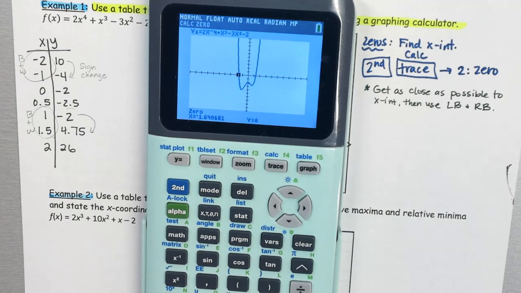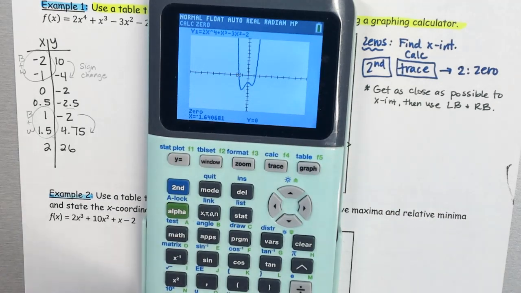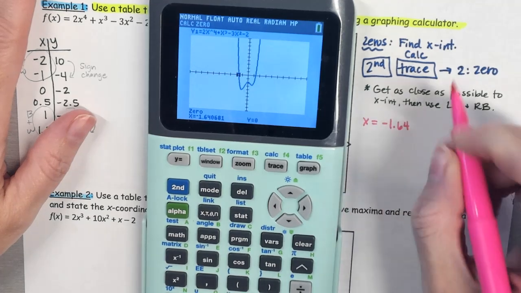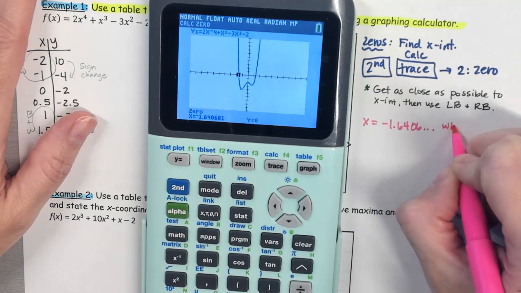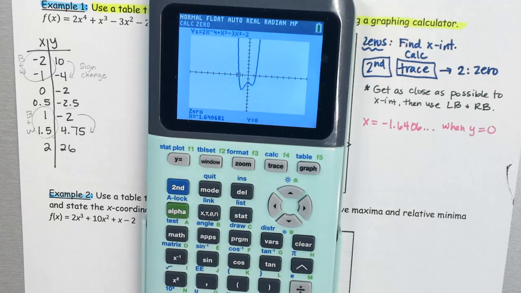And then you should have this value when y is 0. So your x value is negative 1.64... And this is when your y value equals 0. So if you're rounding this to the nearest thousandth, how many places after the decimal? The nearest thousandth. 3. Yep.